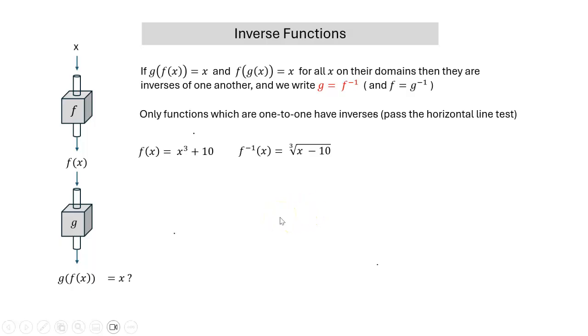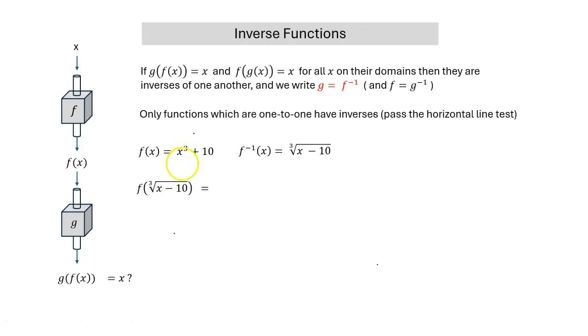So let's check this out. Let's look in both directions. Do these really undo one another? So first of all, f of f inverse, let's take a look at that. Think of it this way. I took an x and I fed it to f inverse, and I get this output. Now I'm going to take that output and put it as an input to f. Now what does f do?